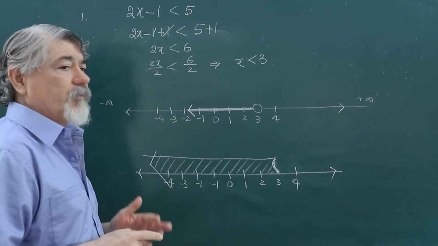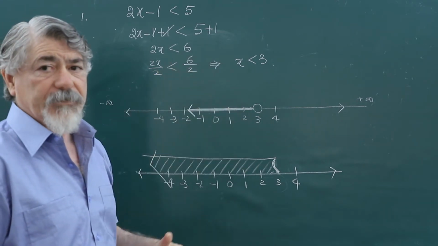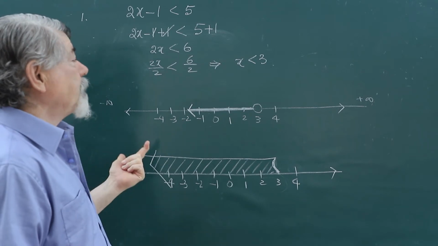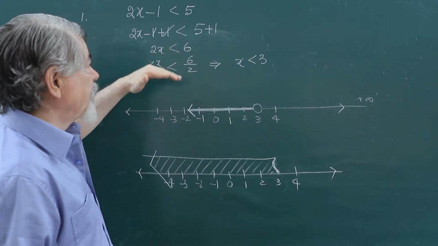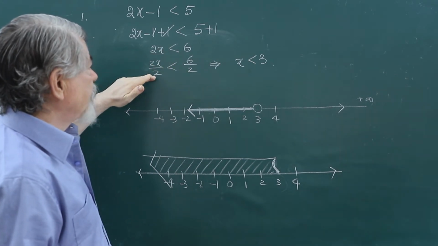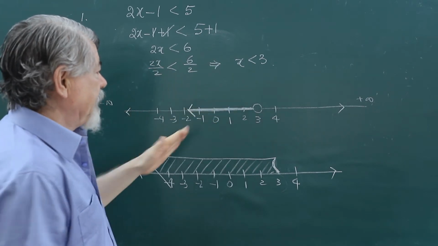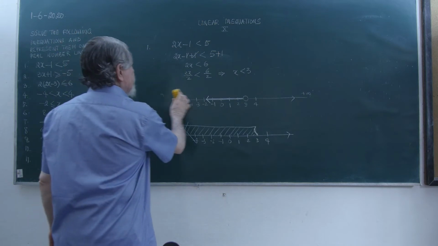When you divide or multiply with a positive number, there is no change in the sign of inequality. It only reverses when you multiply or divide with a negative number. So 2x divided by 2, 6 divided by 2, so x will be less than 3. And then we represent it on the number line. Let's see question number 2 now.